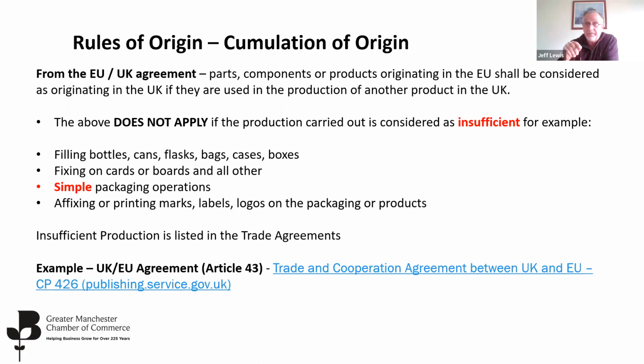So just as an example, insufficient processing is classed as fixing bottles, fixing on cards or boards, simple packing operations. Simple means where there's not any automation, where it's a very simple procedure. Affixing, printing marks, labels, logos. So if you do bring apparel in and you do put logos on it, that is classed as insufficient. So those components would not be able to be accumulated.